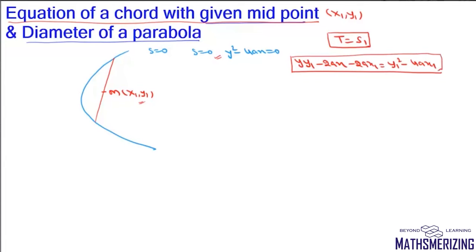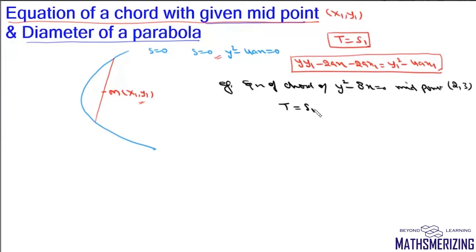So say, for example, suppose we have to write the equation of the chord of parabola y square minus 8x equals 0, whose midpoint is, say, (2, 3). We know that this equation is given by T equals S1.